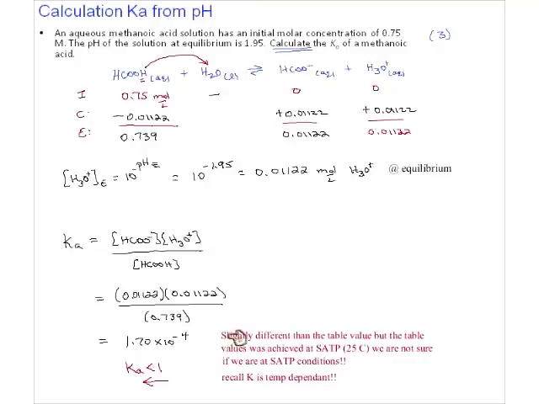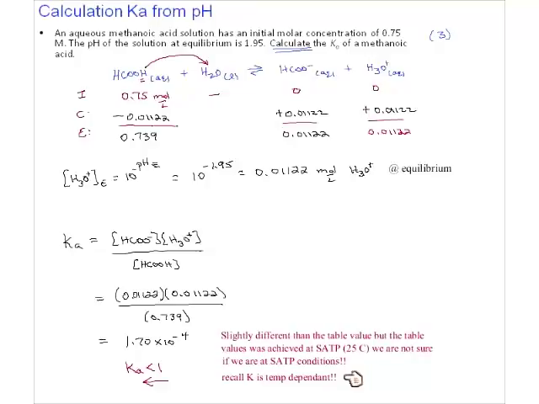And if you go check it out, it's slightly different than what we just calculated. Now the reason for that is, remember that K is dependent on temperature. And the table values are all based on the assumption that every measurement is made at 25 degrees Celsius. Any variation in what we would calculate for K would be due to the fact that maybe we're not doing our measurements at 25 degrees Celsius.